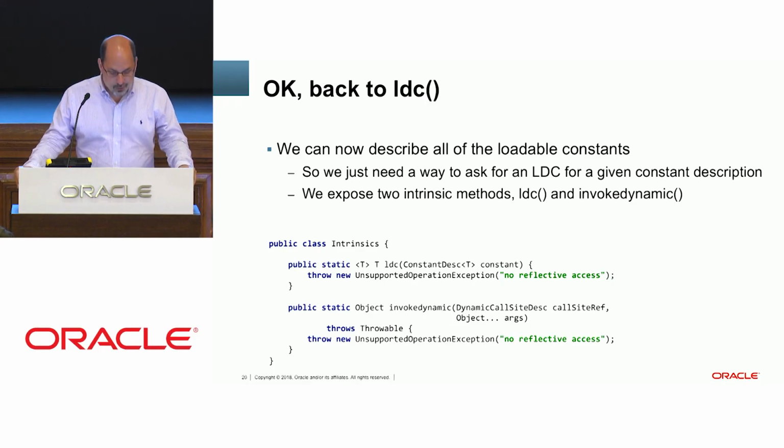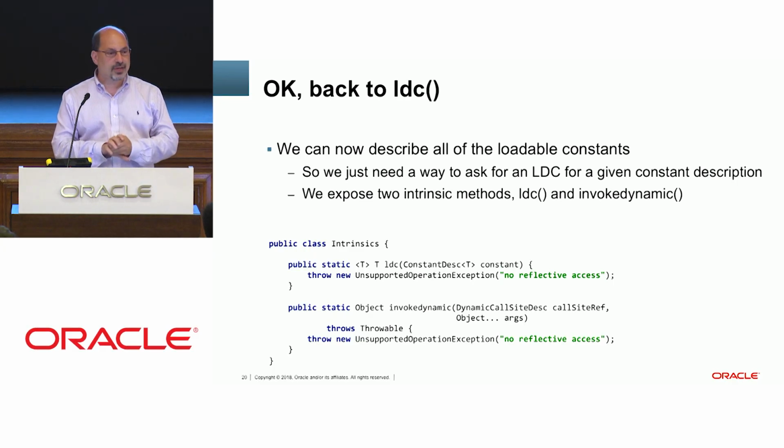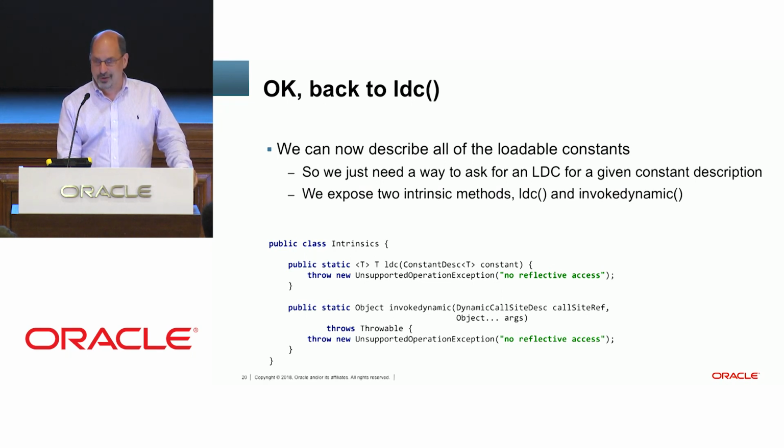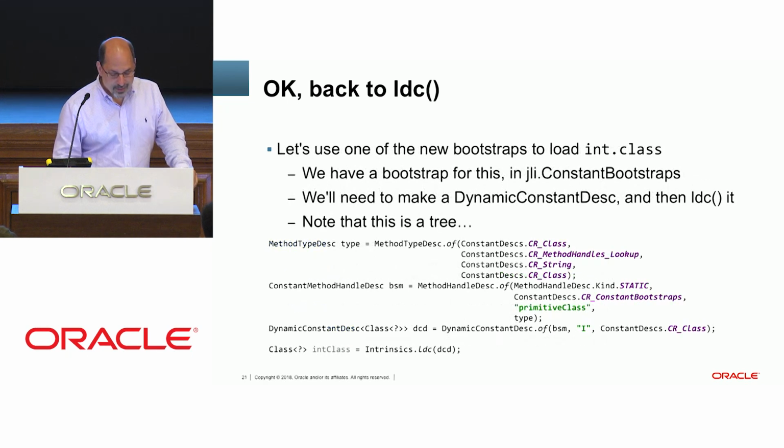And similarly, the invokedynamic method takes a descriptor for the call site and the list of dynamic arguments. And the compiler should be able to, we hope, we'll see how that works, look at this and say, yes, that's a valid nominal description of a load constant. I know how to turn this into a real LDC instruction, and if you try to call it reflectively, well, it fails because this is support code for the compiler, not for the runtime.